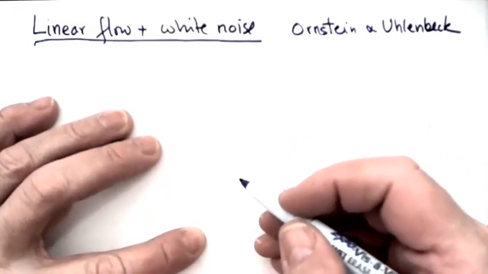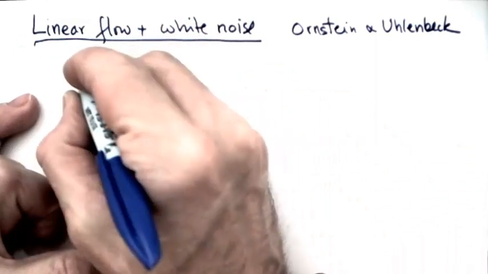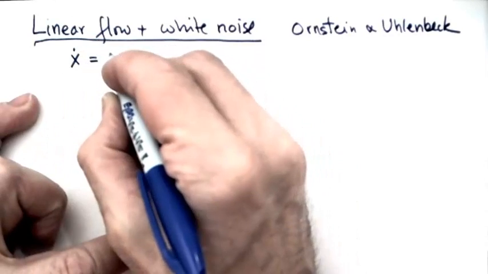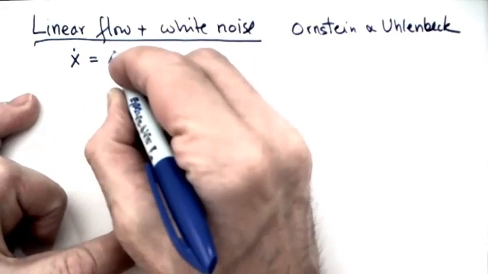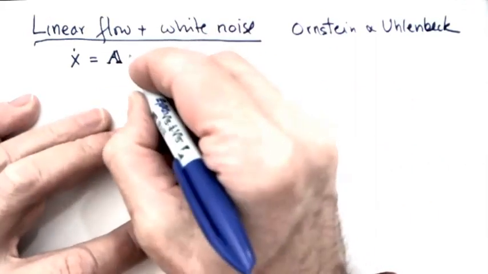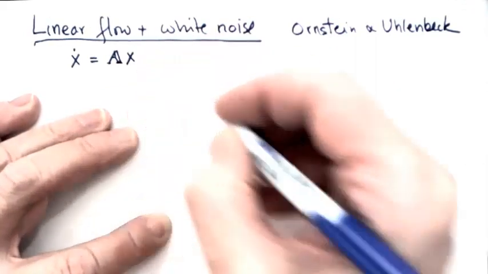So the linear flow that we have in mind is x dot equals, in d dimensions, a stability matrix, which is assumed constant, times x.